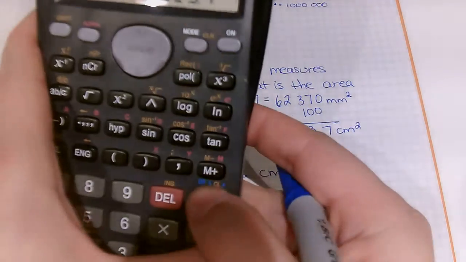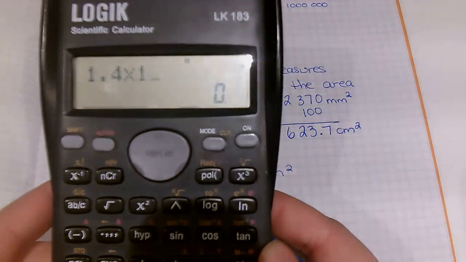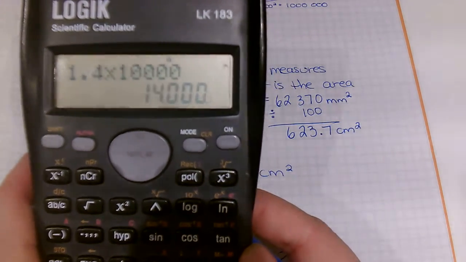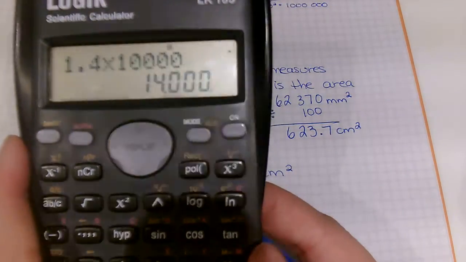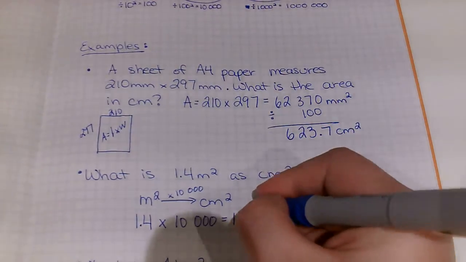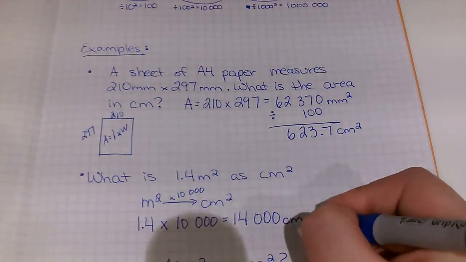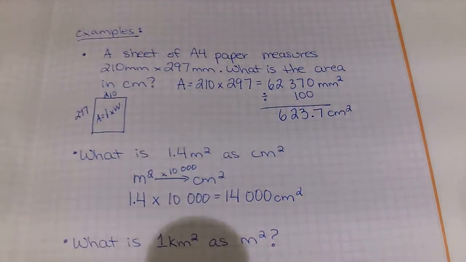Okay? I'll always watch for the decimal now. 1.4 times 10,000. 4 zeros, yes. We have 14,000. So 14,000. We always have to write our centimeters squared. Centimeters squared.